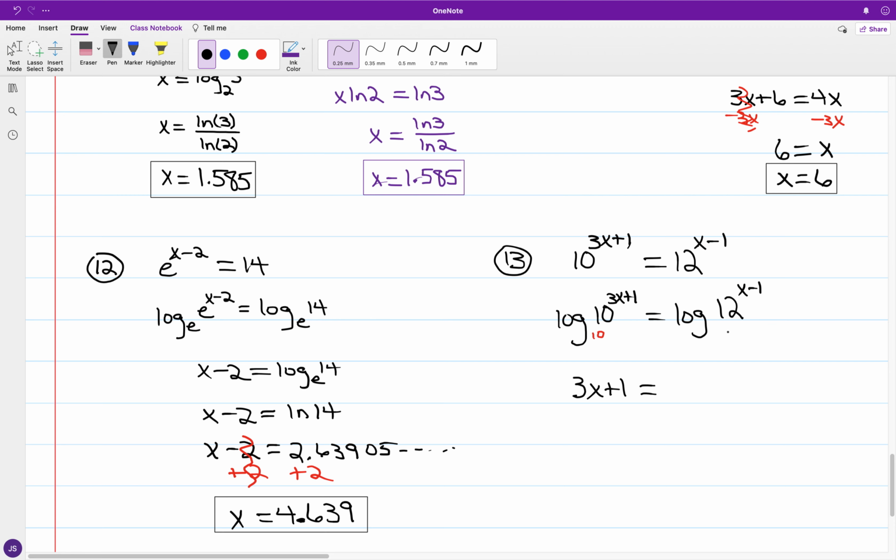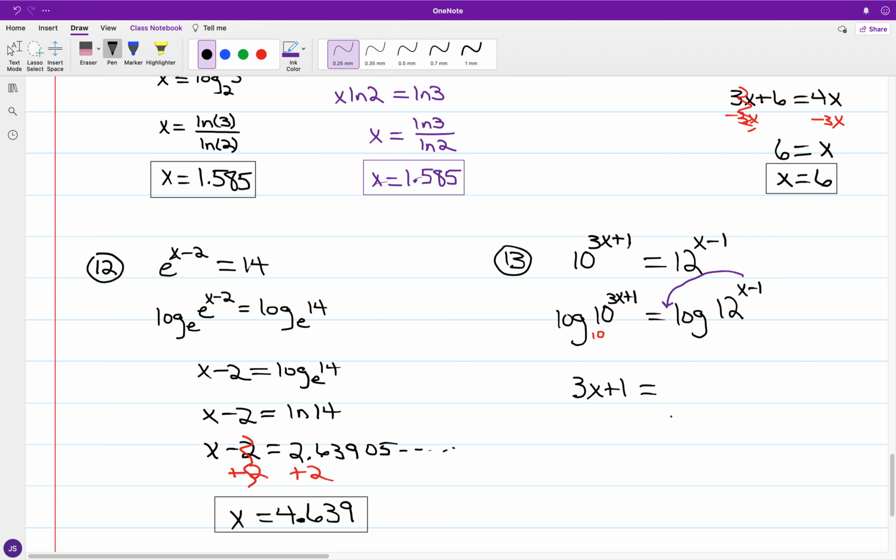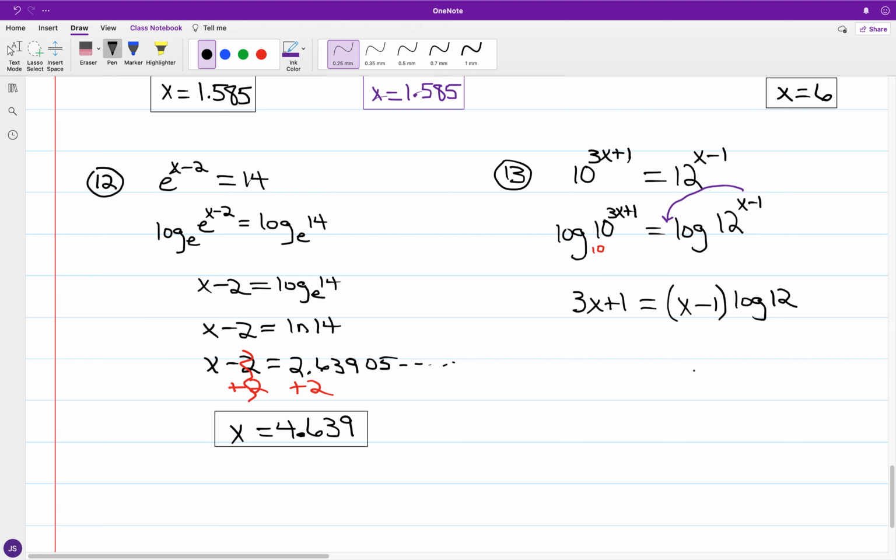Now, you don't have a match between log in base 10 and the exponential base 12. So for x minus 1, we're going to make this expression into a coefficient. So you have x minus 1, all of that times the base 10 logarithm of 12.